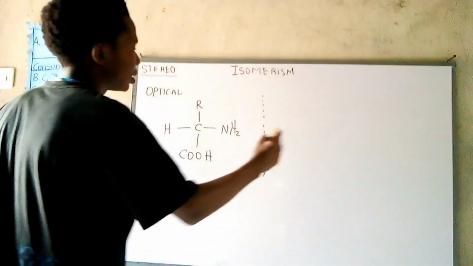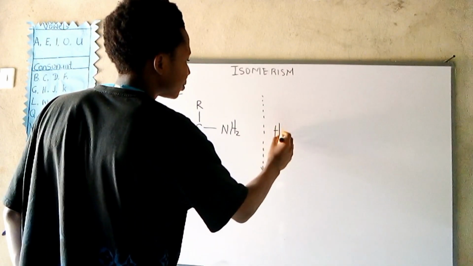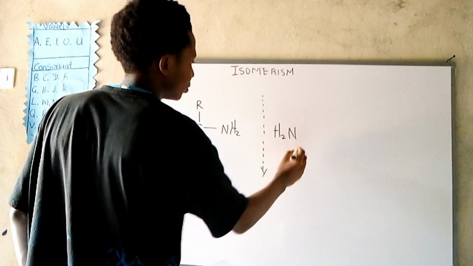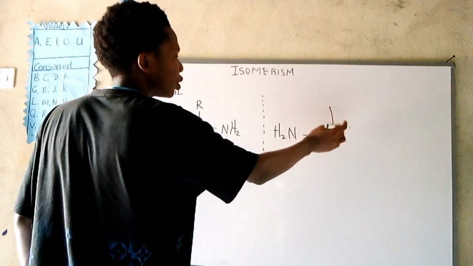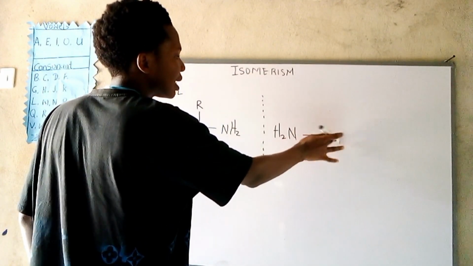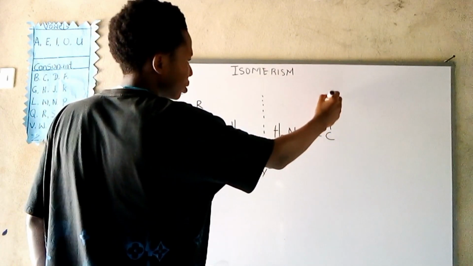Now, it's like this. The mirror image of itself will appear like this. The carbon will not move because it's actually at the center.